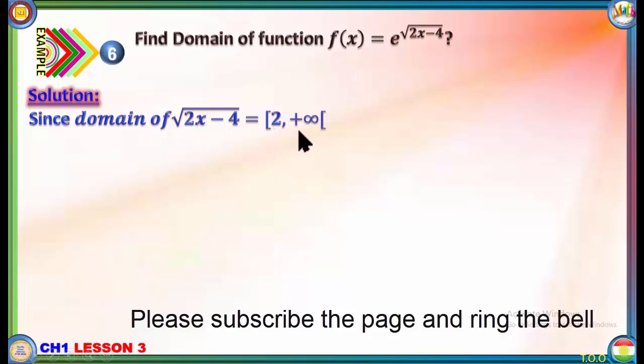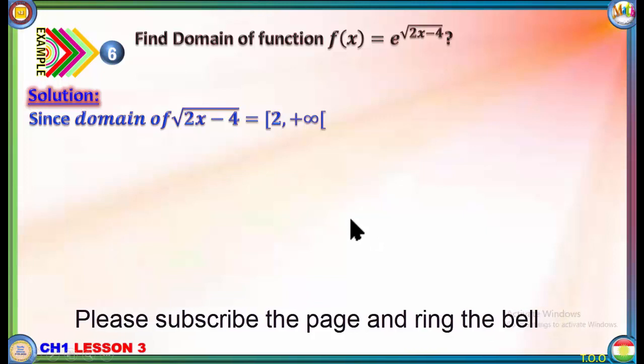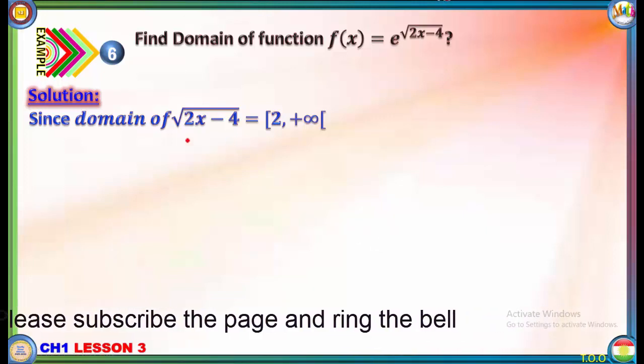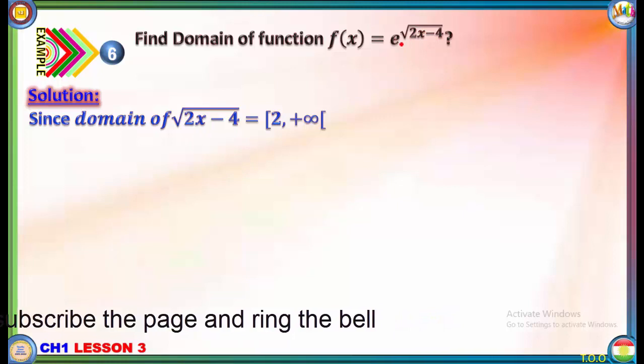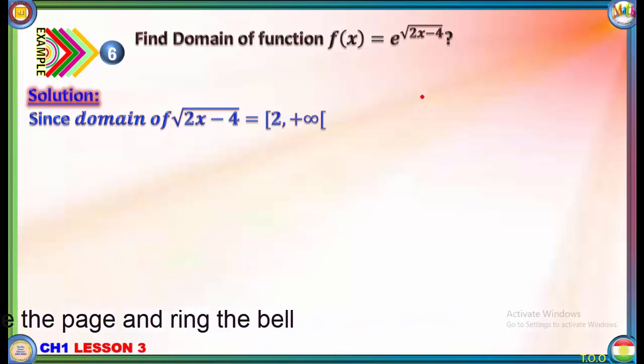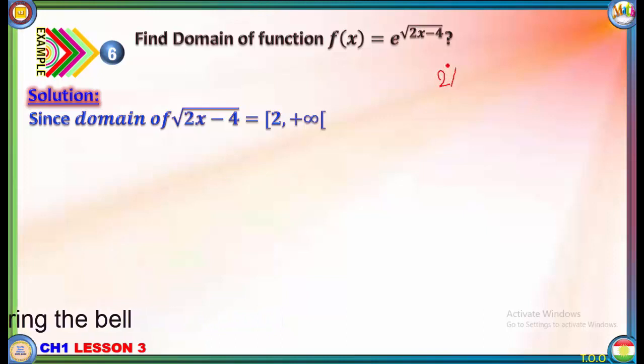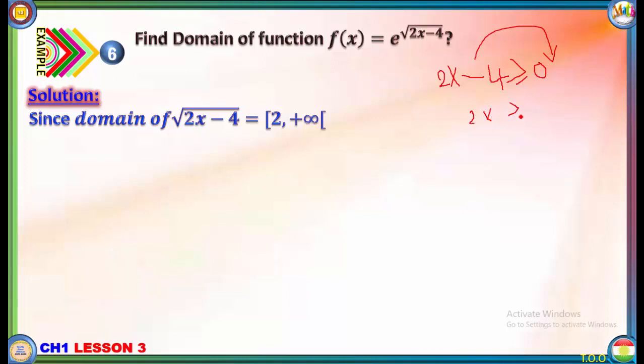We took before how we find the domain of the square root: taking what is under the square root, 2x minus 4, bigger than or equal to 0. By moving minus 4 from left to the right, 2x is bigger than or equal to 4.